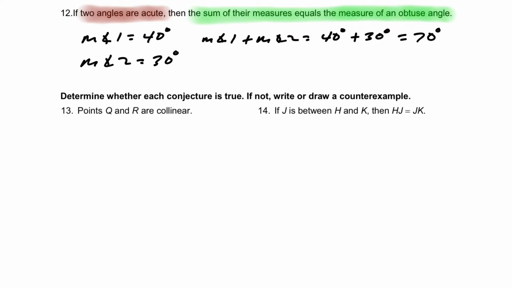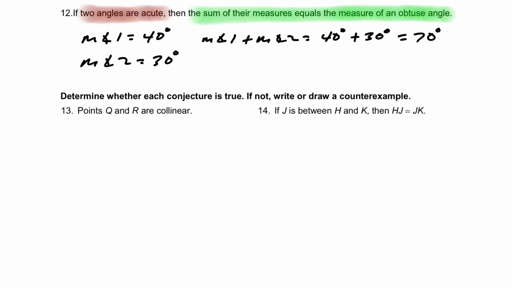So the conclusion of our statement here in green says the sum of these 2 angle measures, if we add them together, should be the measure of an obtuse angle. But you can see right here that if I add these 2 angles together, I get 40 degrees plus 30 degrees, that's 70 degrees. Okay, 70 degrees is not obtuse.